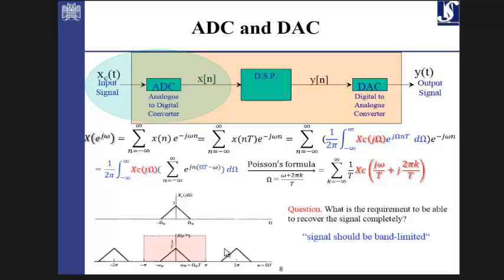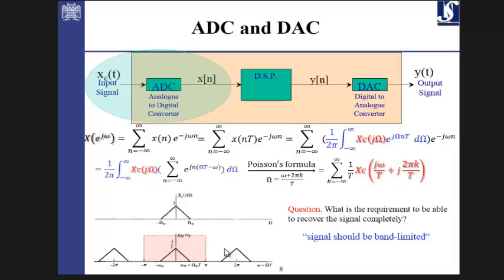If you have x c, then the frequency should be changed like this. Here you see this is omega n, and it has this relation with the small omega n, that's omega n over T. So every omega of this x c should be omega over T. Yeah, I get it. Okay?